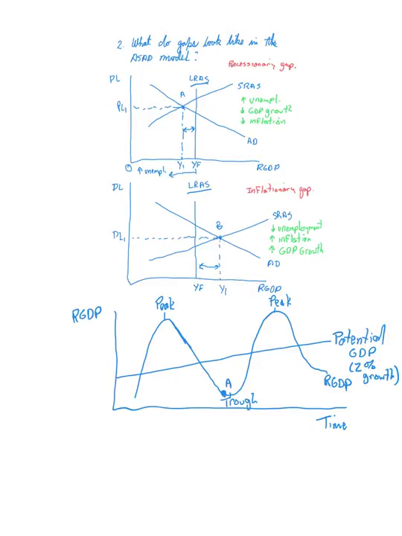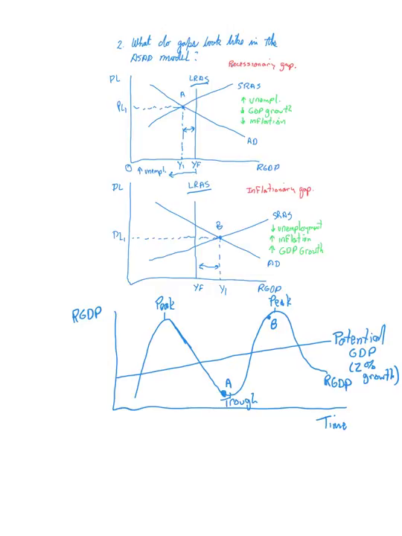We're going to call that point A, and that correlates with point A up here. So this point A and this point A are the same. Then point B would be, let's say, about right there. So again, this point B correlates with this point B. Okay, so that's what the gaps look like in the ASAD model.